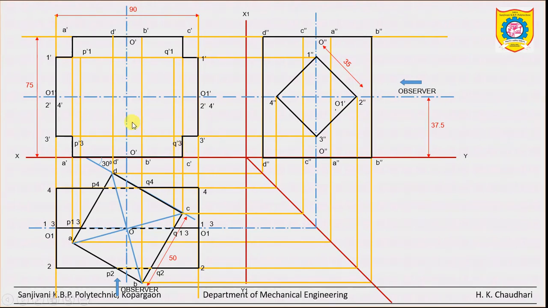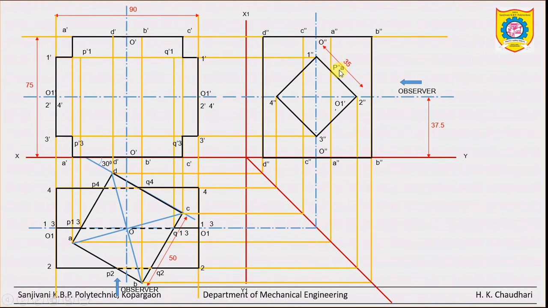Okay, now to locate the other points. Which point now? See, first of all, just mark the point of intersection of this edge number A in the side view with the rectangular faces 1, 2 and 2, 3. So this point is PA.